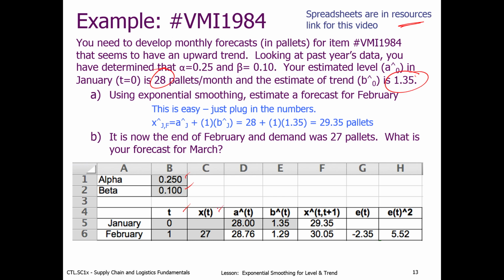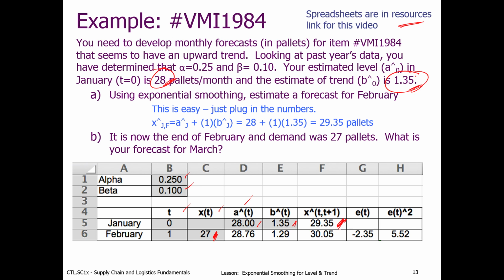XT is the actual demand in time period T. So this is the 27 pallets that showed up in February. Column D is the estimate of the level at that time T. You see the 28 and the 1.35 from what I gave you in the problem. And then the X hat, T comma T plus 1, is the next period forecast, and we just figured that out, 29.35.